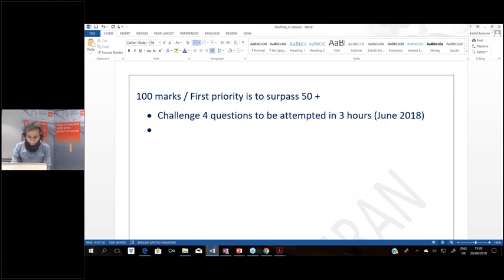Firstly, when you get to the exam hall, I'm using the Pakistan Standard Time. In Pakistan, the paper starts at 2 p.m., the Pakistan Standard Time, so you can change the time zones accordingly.